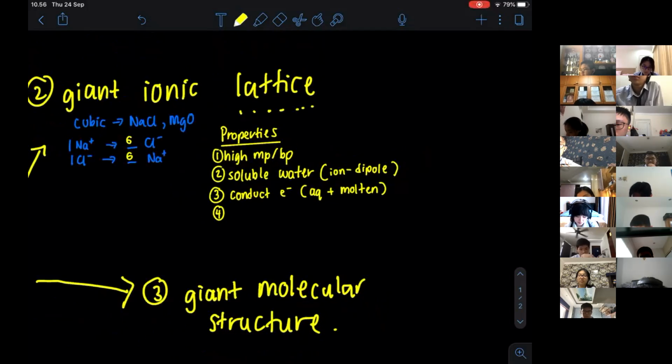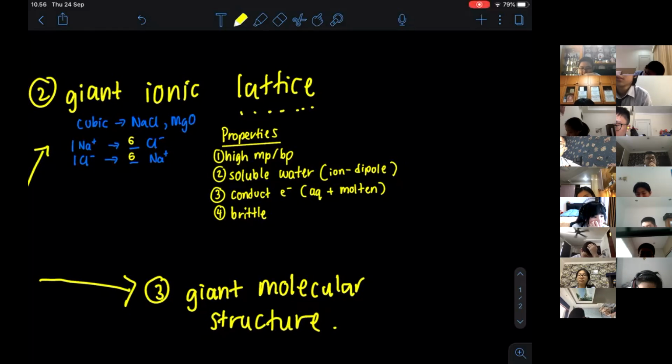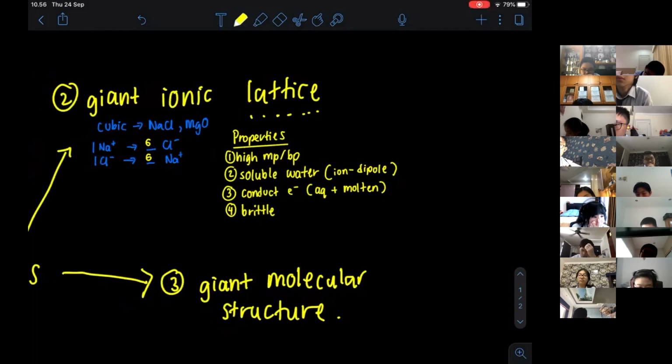It becomes brittle. Yes, they will break, because the arrangement of those ions will be disrupted, and if you have the same charges they start to repel each other, so they will break. So that is brittle, this is part of the giant ionic lattice.